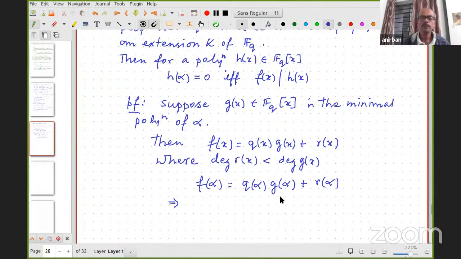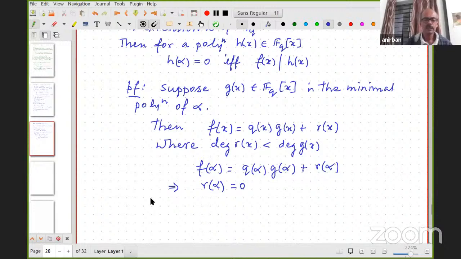And g(alpha) is 0 because g is the minimal polynomial of alpha. So that would imply that r(alpha) is 0. But that's a contradiction, because g is the minimal polynomial, unless r is identically 0. So r has to be identically 0.